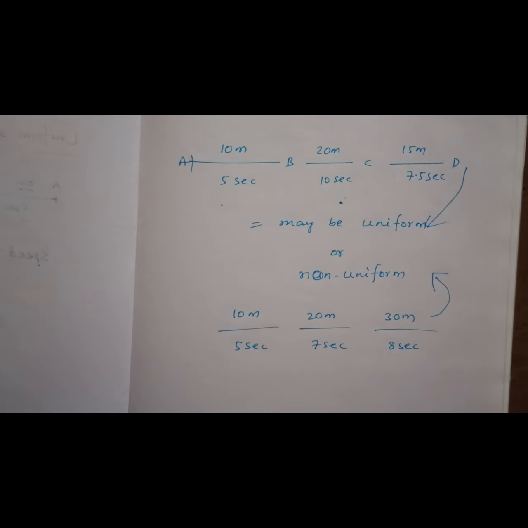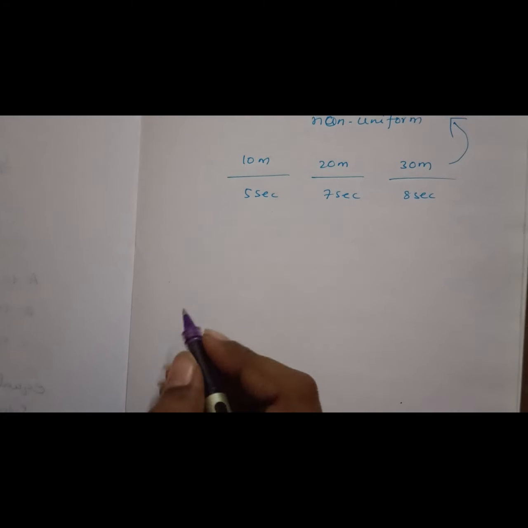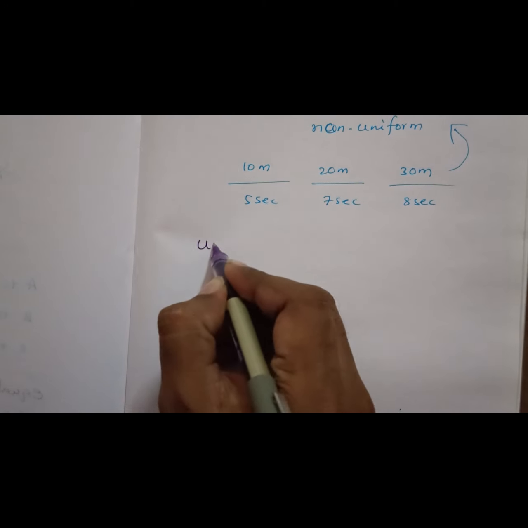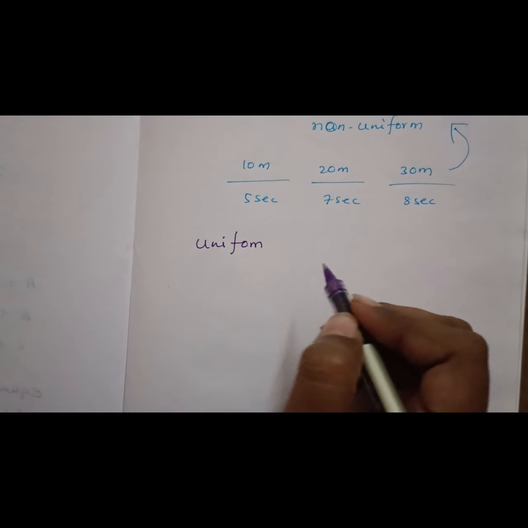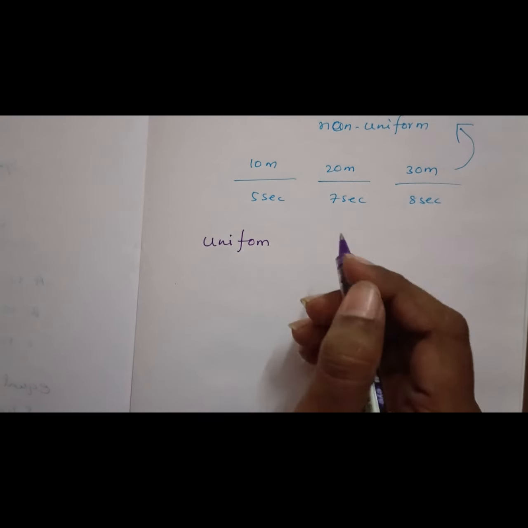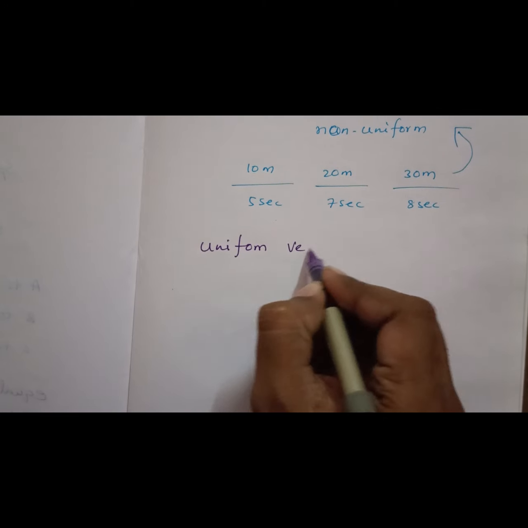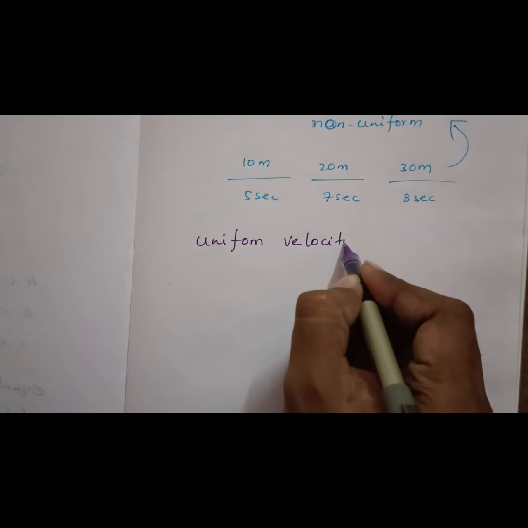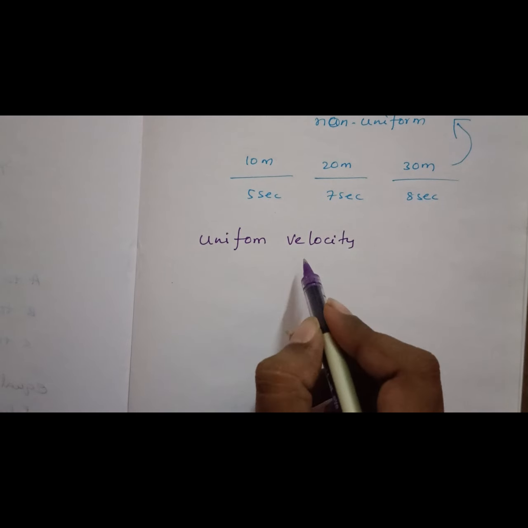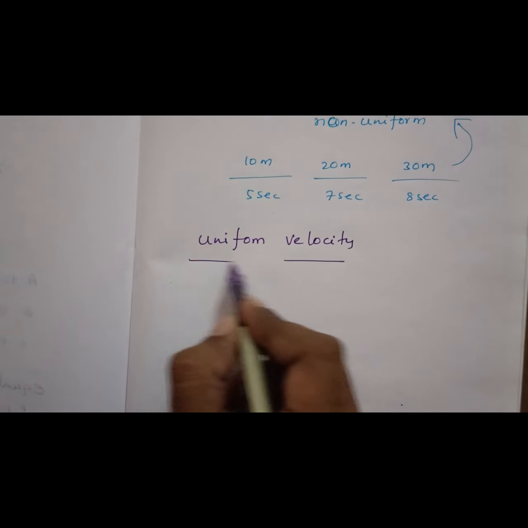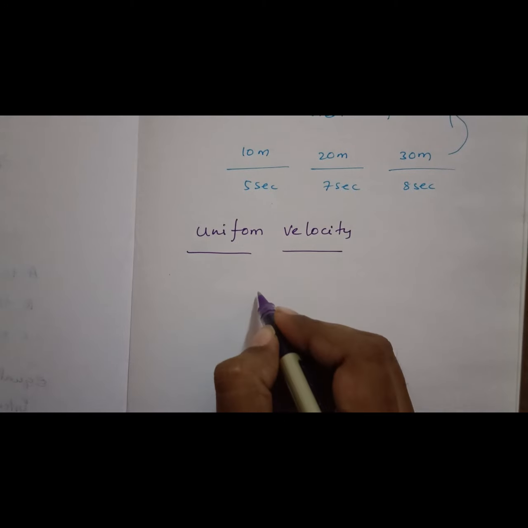Speed. Now, uniform speed and non-uniform speed we have seen. Now, uniform velocity. Instead of covering speed and velocity separately, I am including it in the uniform velocity. Velocity means displacement by time taken.